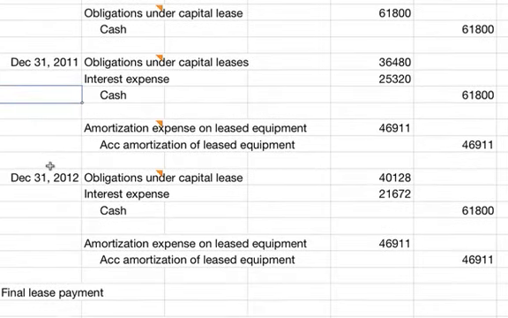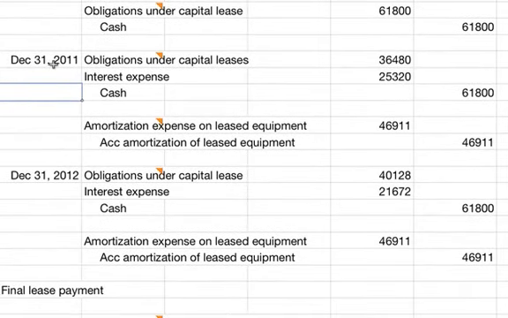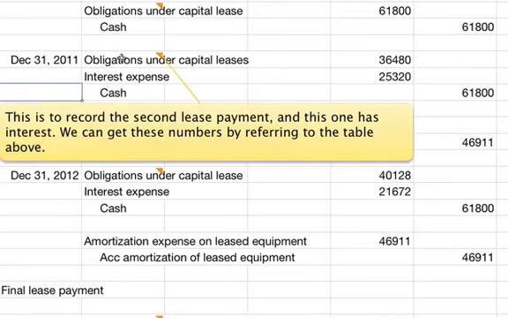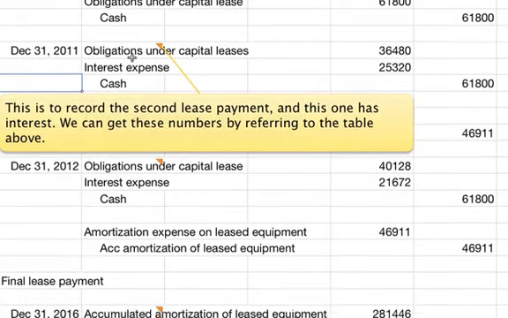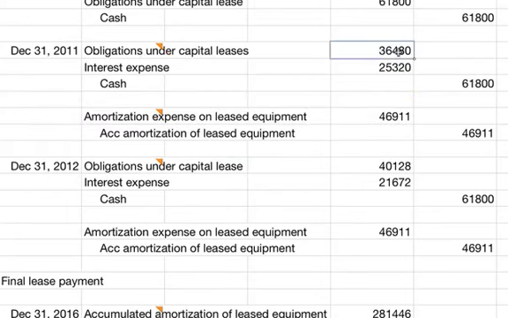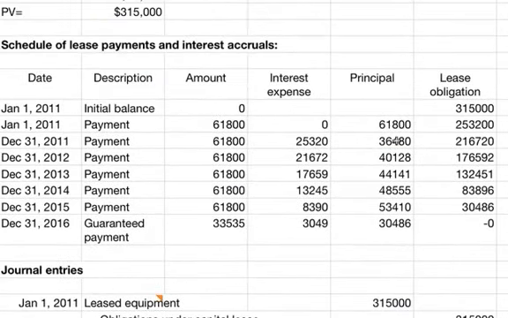Then at the end of the year, on December 31st, we have the second payment. You have a debit to obligations under capital leases. This is to record the second lease payment, and this one has interest involved. You get these numbers from the table we created above. $36,480 is the principal amount on this payment.